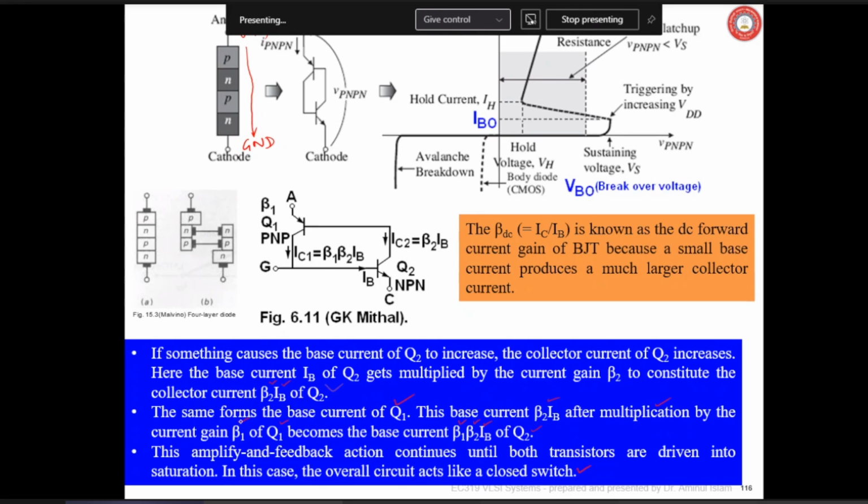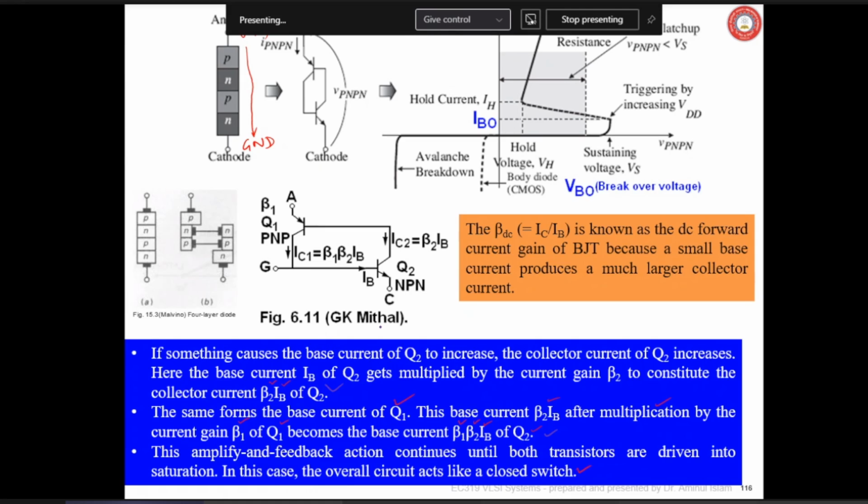The same forms the base current of Q1. This base current beta 2 IB, after multiplication by the current gain beta 1 of Q1, becomes the base current beta 1 beta 2 IB of Q2. This amplify and feedback action continues until both transistors are driven into saturation. In this case, the overall circuit acts like a closed switch.